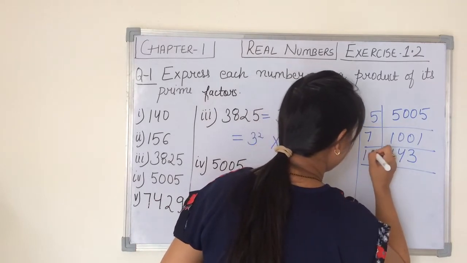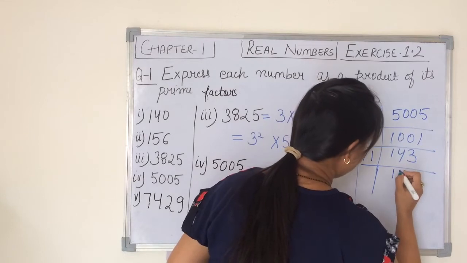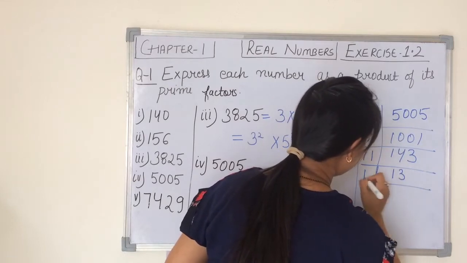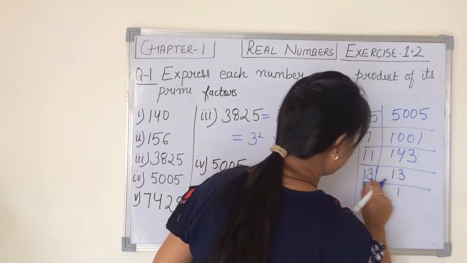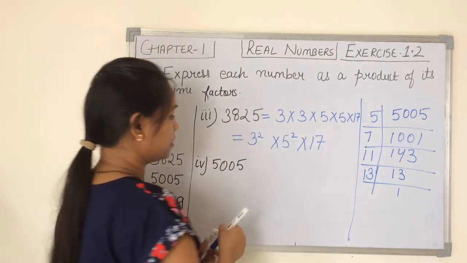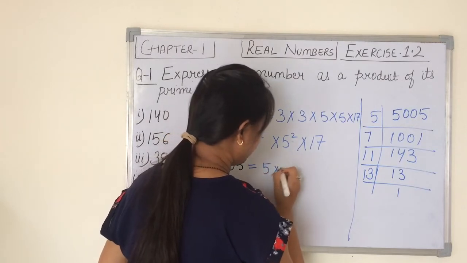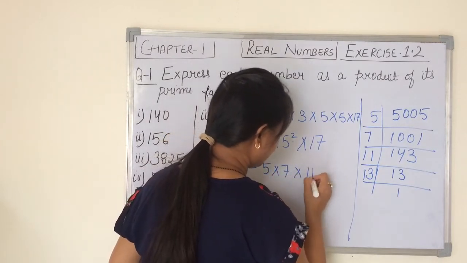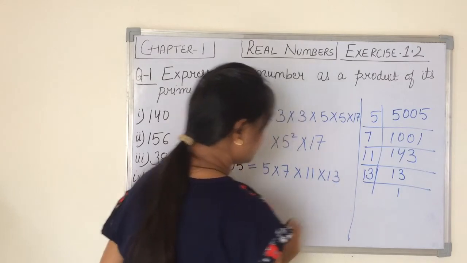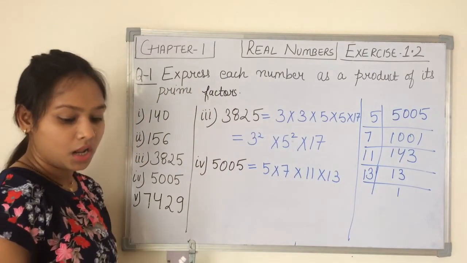Yes, it is divisible by 11. 11 ones are 11. We will get remainder 3. 3s are 13. So it is divisible by 13. 13 is a prime number. We have got its factors. So the factors of 5005 will be 5 into 7 into 11 into 13. Okay. Till here it was very simple.